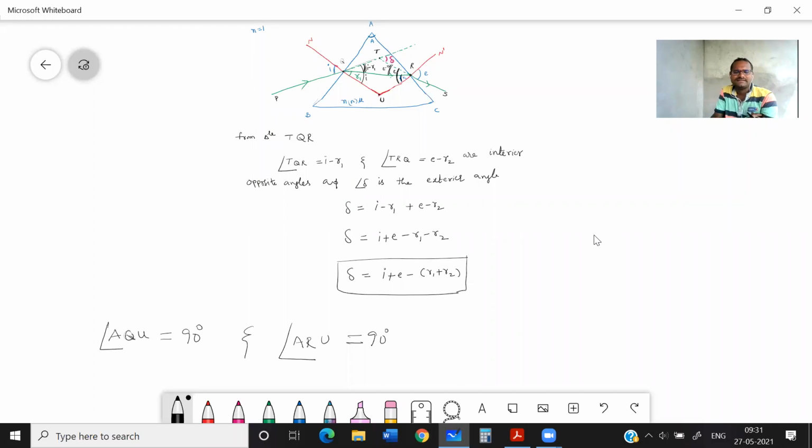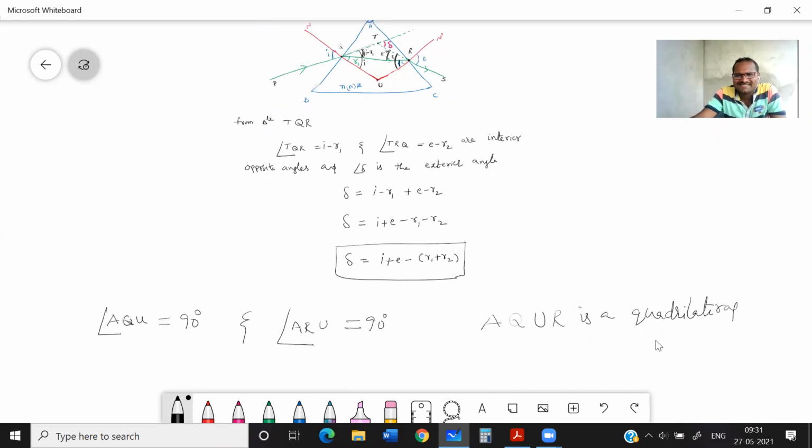Correct? Okay. And see, there is one quadrilateral. AQUR is a quadrilateral. Sum of the total angles in a quadrilateral, how much? 360 degrees.